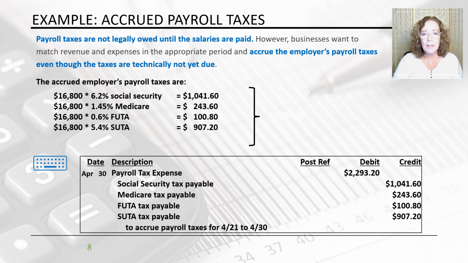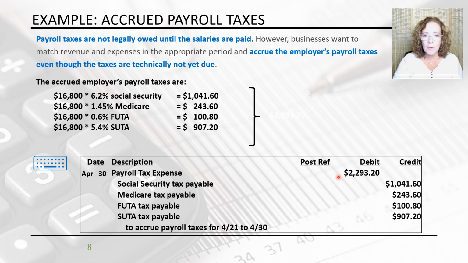So let's calculate the accrued payroll taxes, assuming that the accrued payroll is $16,800. We calculate the various payroll taxes, such as Social Security, Medicare tax, FUTA, and SUTA, for a total of $2,293.20.